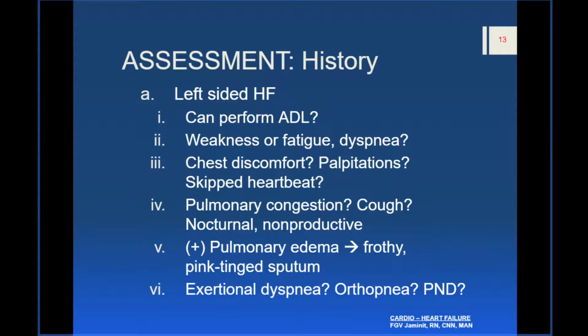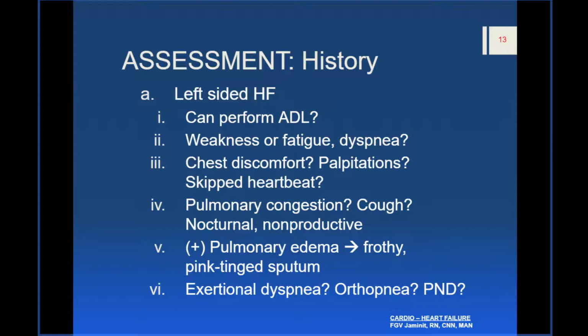If you're suspecting pulmonary congestion, alam natin na congested. Pag sabi congested, there would be excess fluid in the lungs. Wala pa kasi tayo sa physical assessment, no? But when we talk about history pa lang, you can ask the patient if there would be presence of cough.